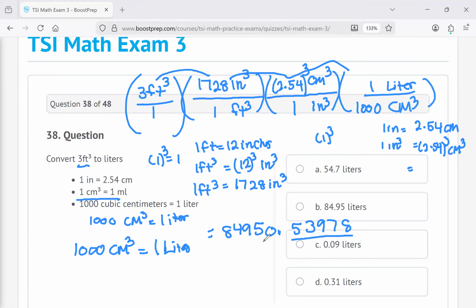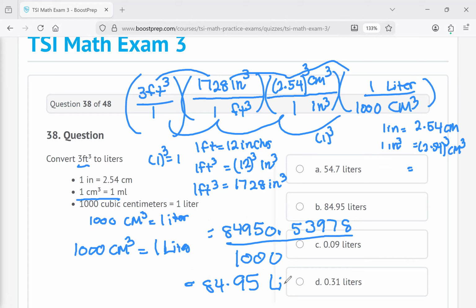And then on the bottom, it's 1 times 1 times 1 times 1, times 1,000, which gives 84.95 liters. So we didn't really need this extra conversion of 1 centimeter cubed to 1 milliliter, because once we have this in centimeters cubed, I could have just used this conversion and that's it.